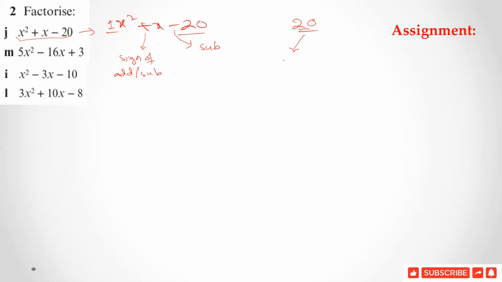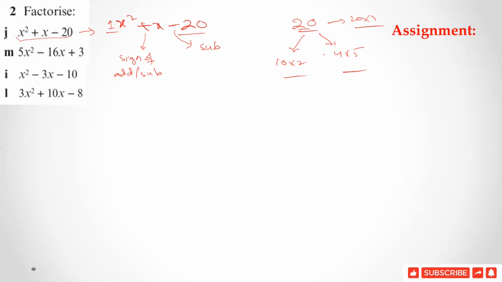We have 10 times 2, 4 times 5, and 20 times 1. Is there any other factor? If there is, let me know. But I got these three up to my knowledge. Which pair of factors I have to choose depends upon this sign. This sign shows that I have to subtract the factors and get the answer plus 1.